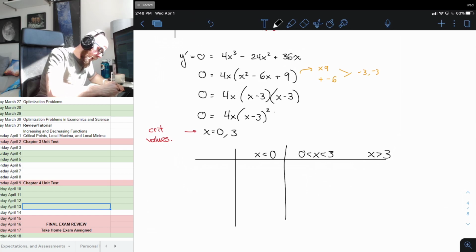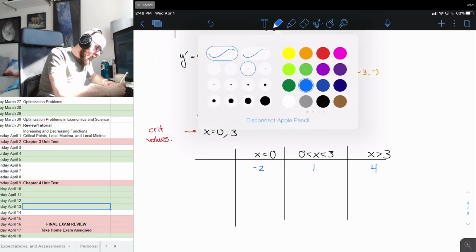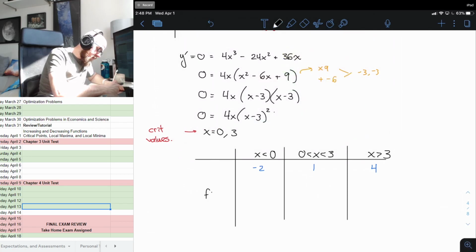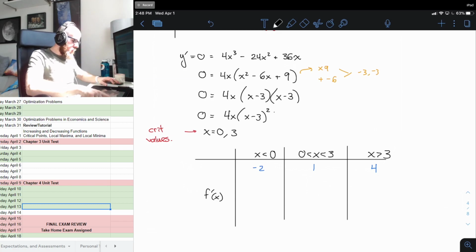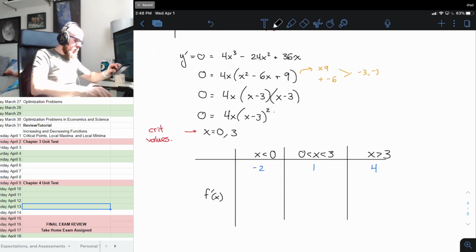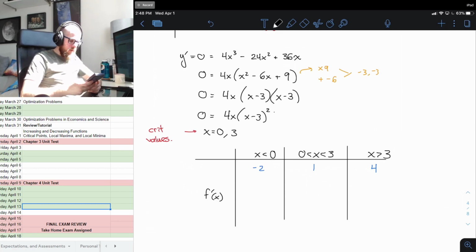So let's see what the value of our derivative is in each of these intervals. I'll pick some test points: -2, 1, and 4. Let's figure out what f prime is at each of these test points. I'm just plugging into my derivative formula. So 4 times -2 cubed minus 24 times -2 squared plus 36 times -2.